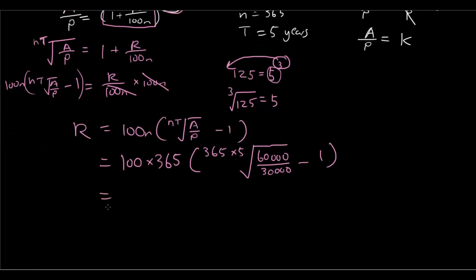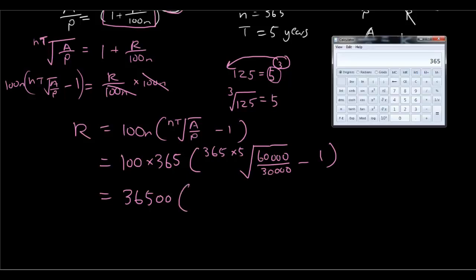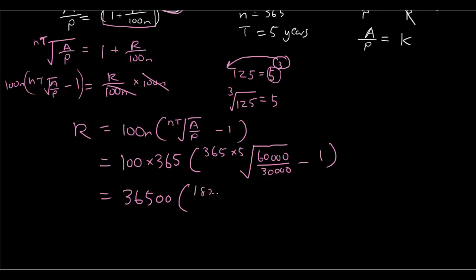Okay, so typing all this in, I would figure out the smaller sections first. So I have 36500 bracket 365 times 5 is 1825. So 1825th root of 60,000 over 30,000 is just 2 minus 1.